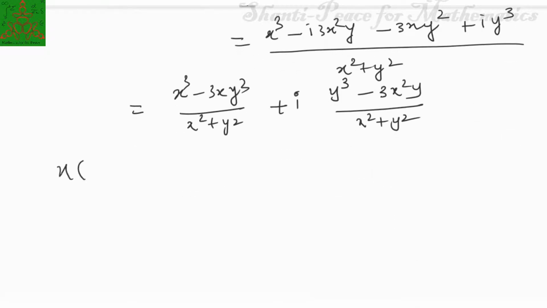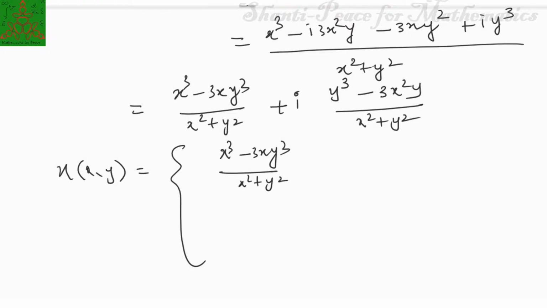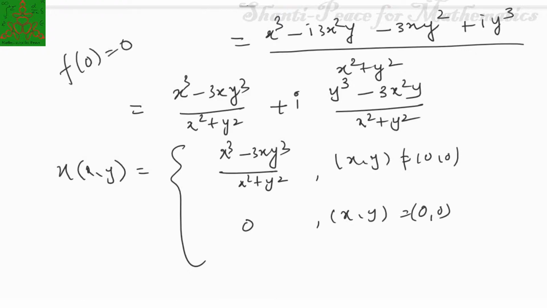That means your u of (x, y) will be x cube minus 3xy square upon x square plus y square if (x, y) is non-zero, and 0 if (x, y) is 0. Why? Because f of 0 is given as 0, so the real part at the point 0 is 0.